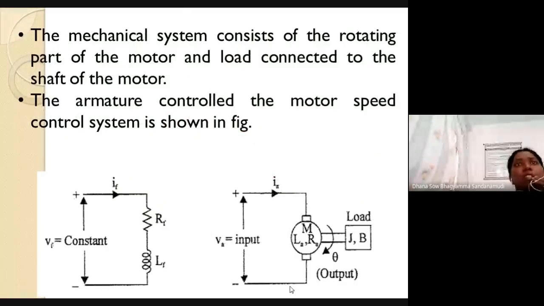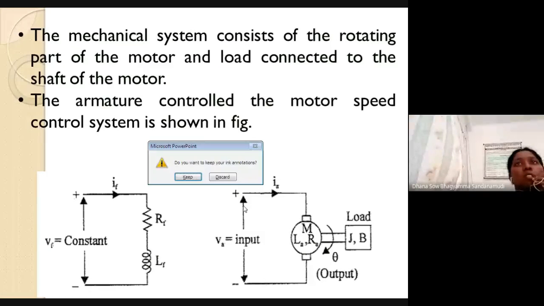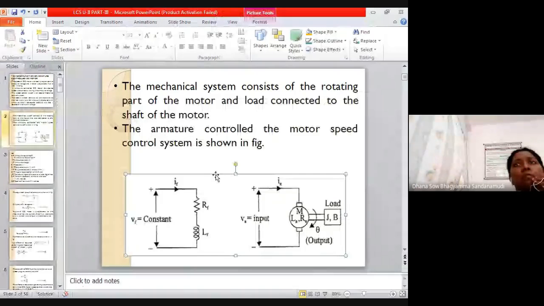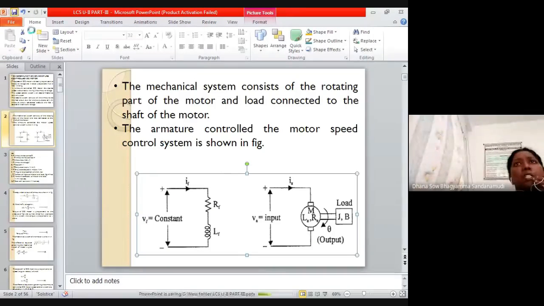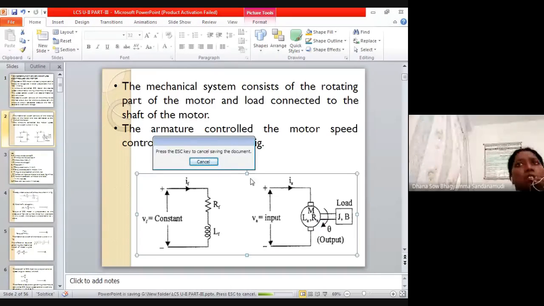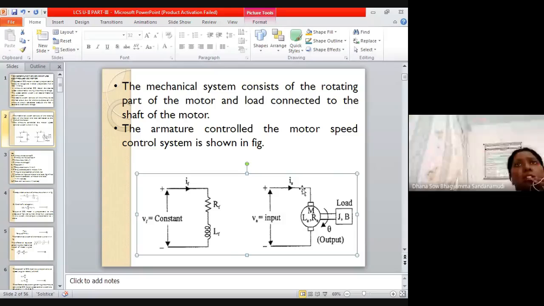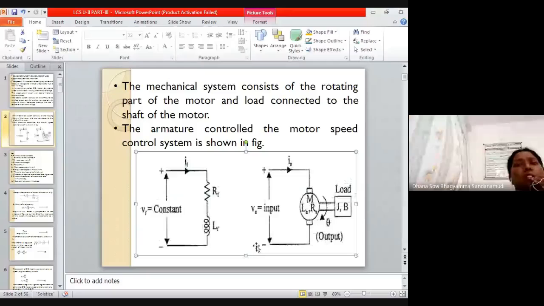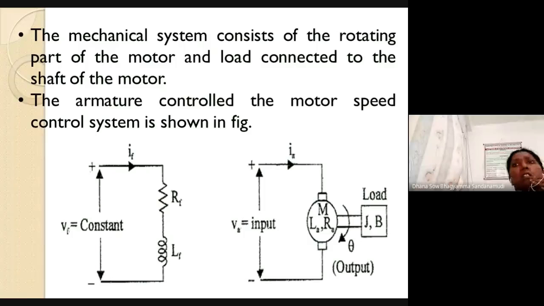If you see this figure, you can see the armature of the motor here, and it is connected to the load with the help of a shaft.